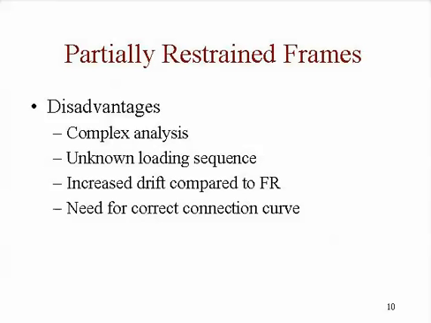If these connections permit rotation, then as part of a lateral load resisting system, they're going to permit more drift than if they had been fully restrained connections, because the drift is going to be a result of the angle now that in the past would have been 90 degrees, or as an FR connection, 90 degrees. And perhaps the bottom line in terms of considering the disadvantages is that you really do need to know the true connection behavior. You need a moment rotation curve that predicts exactly what's going on. We can't just assume simple or fixed.